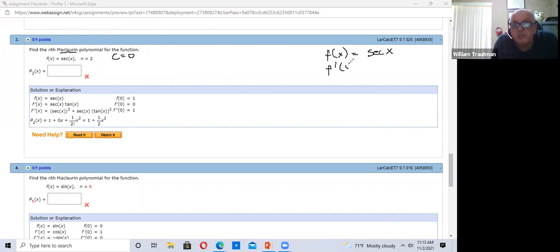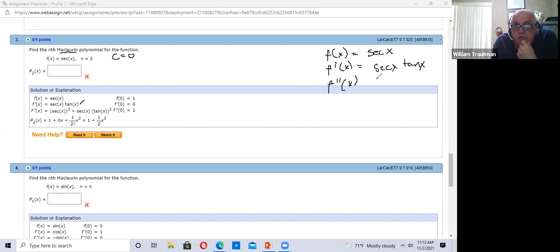If you take the derivative of secant x, you get secant x tangent x. You can look that derivative up. Then it gets a little crazier. Taking the derivative of this, you're going to have to use the product rule. Sometimes the derivatives get a little harder. I'm not going to go through that right now, but they show you what the answer is for the second derivative.